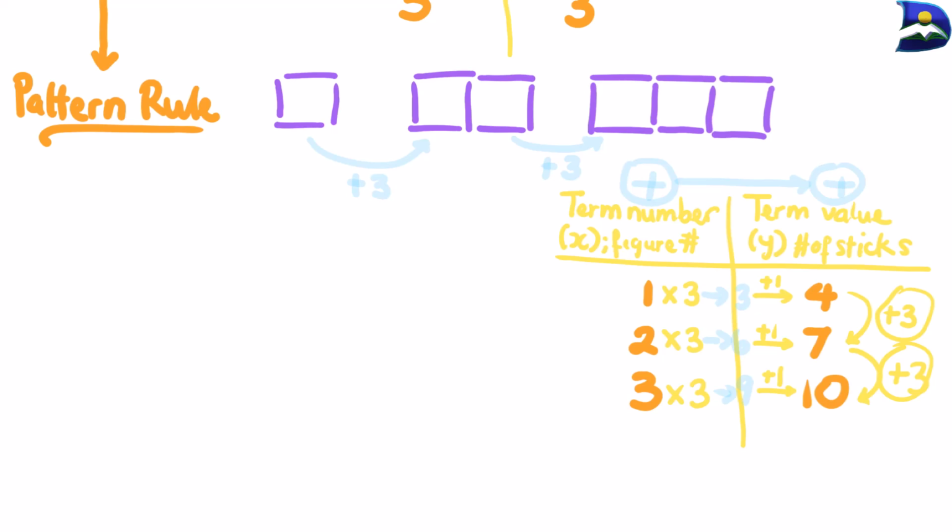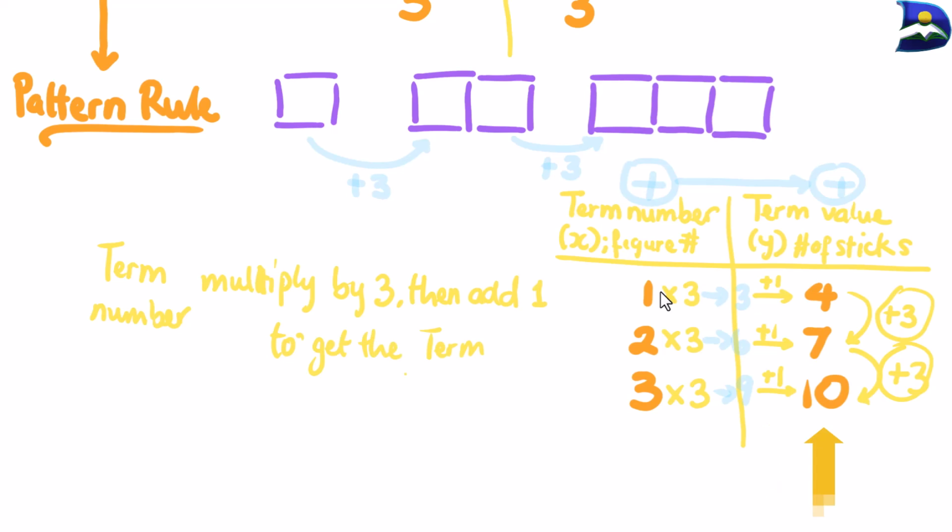And so therefore, what is the pattern rule going from our term number to our term value? The pattern rule is that yes, we are going from a term number, we first multiply by 3, then add 1 to get the term value.